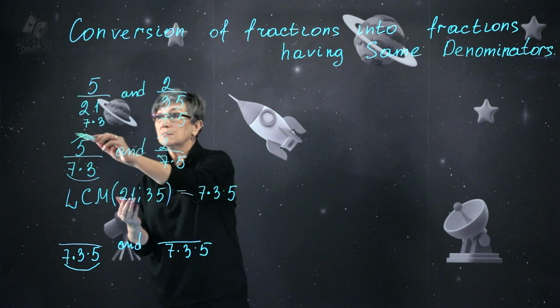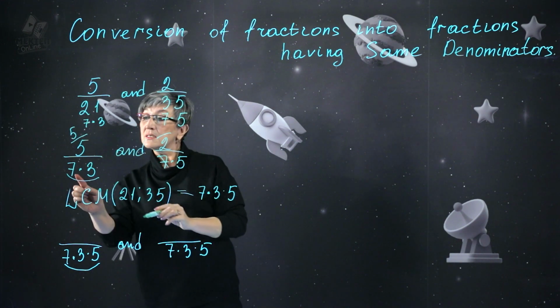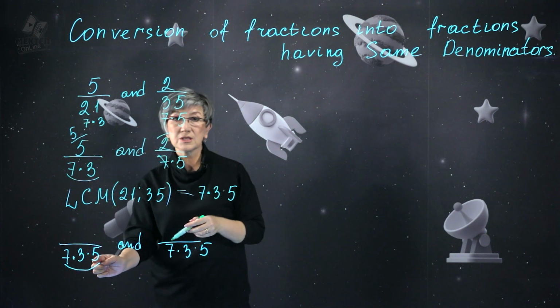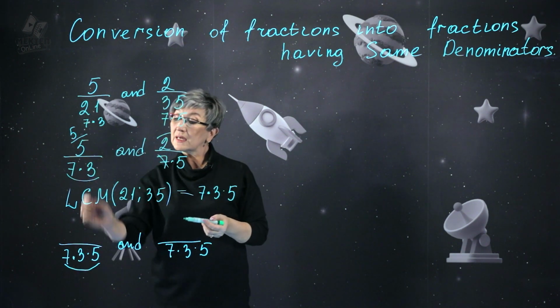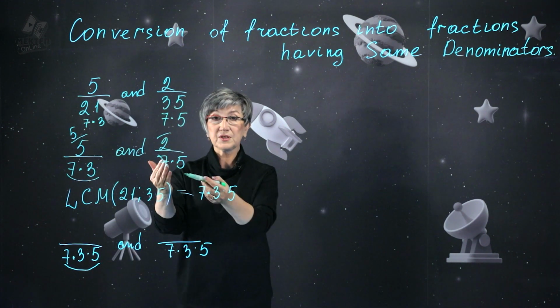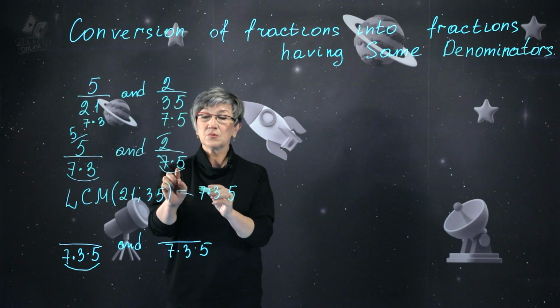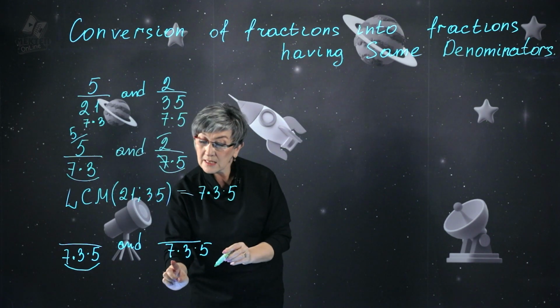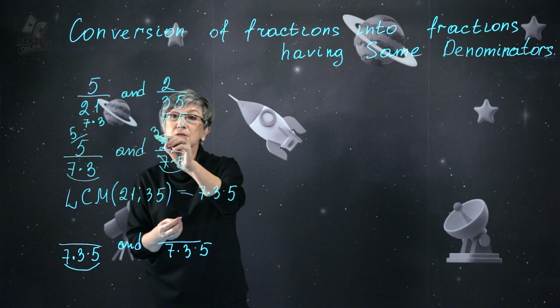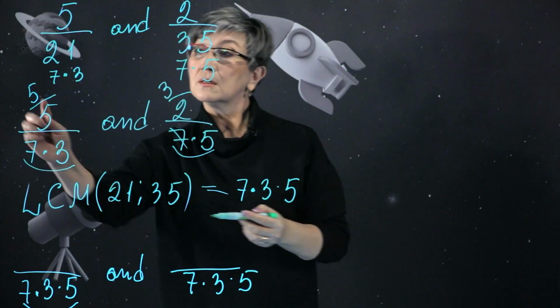What is missing? A 5 is missing. The second denominator was 7 times 5, now it's 7 times 3 times 5. What's missing? A 3 is missing. Now what am I supposed to do?